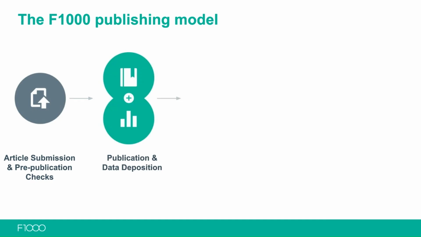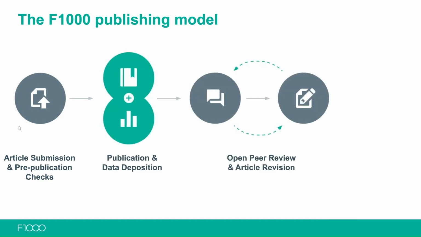From there, our editorial operations team secures expert reviewers for the manuscript. And once the review reports are received, they are published alongside the article and with the reviewers' names attached. Authors can revise their article in response to reviewer comments. Once the article passes peer review, that's when it's indexed according to that platform's indexing agreements.